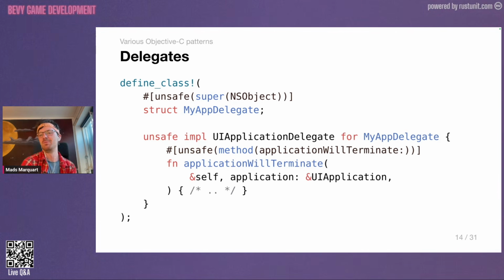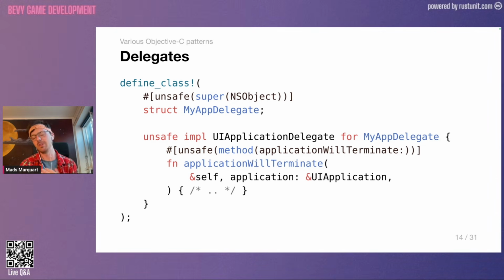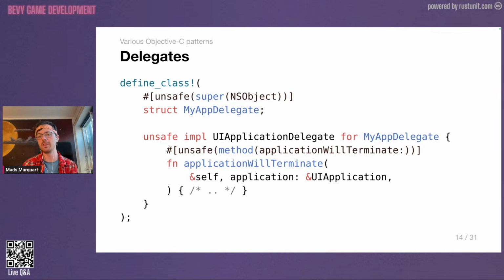I'm working on that. It also doesn't really work that well in Rust Analyzer yet, also working on that. But you can do it. You can make these Objective-C objects, give them to whatever you're working with, and then receive these callbacks.